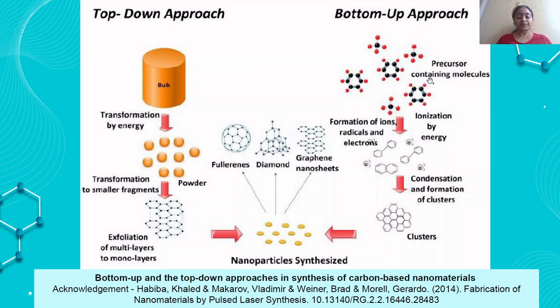Alternatively, the precursor containing molecules are combined by ionization and then are condensed to form clusters which are then converted into nanoparticles. This is the bottom-up approach. From these nanoparticles, we can synthesize other carbon nanomaterials like graphene, fullerenes and diamonds.